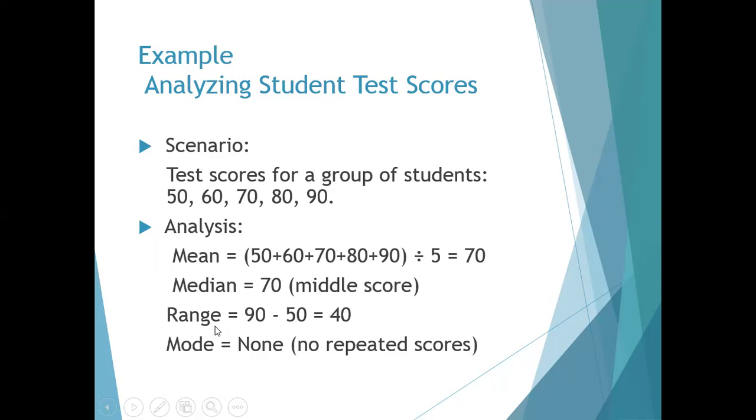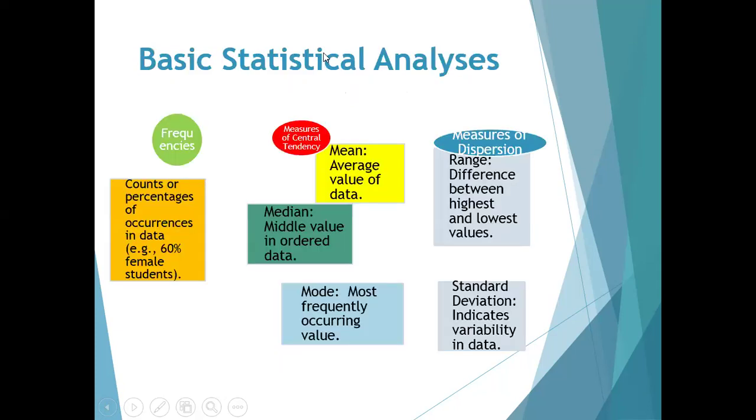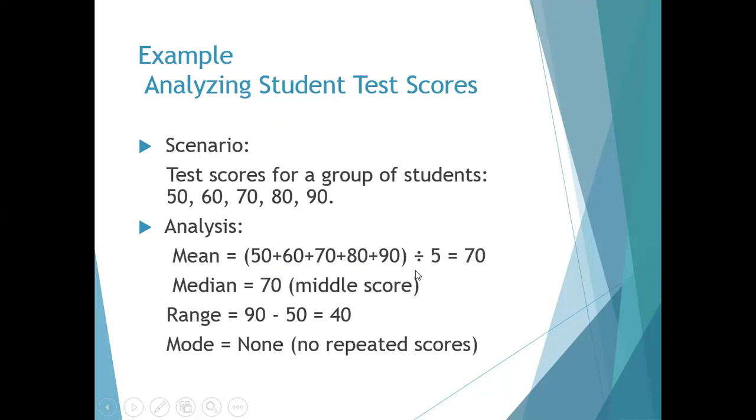And the range is the highest minus the lowest. Remember, the range says difference between the highest and lowest values. So you have the range, 90, the highest, and the lowest, 50.